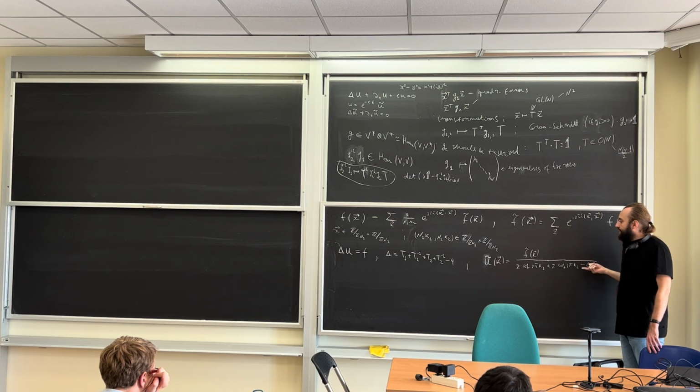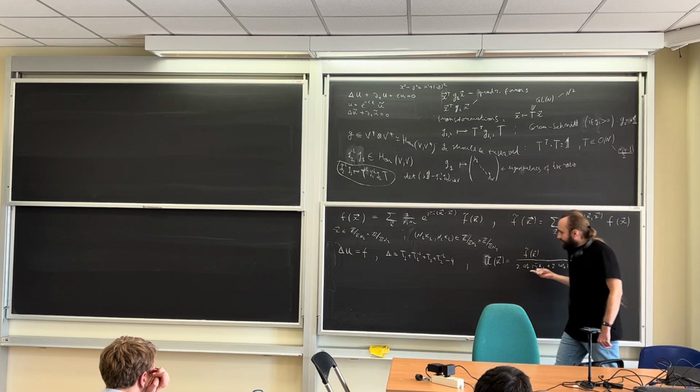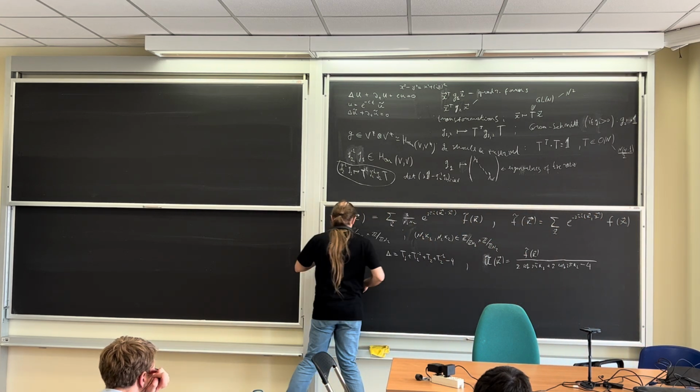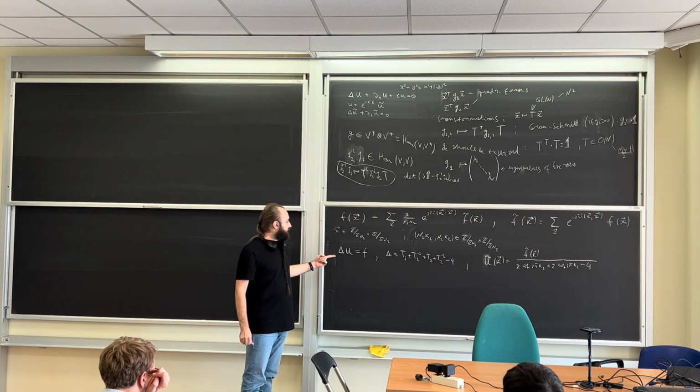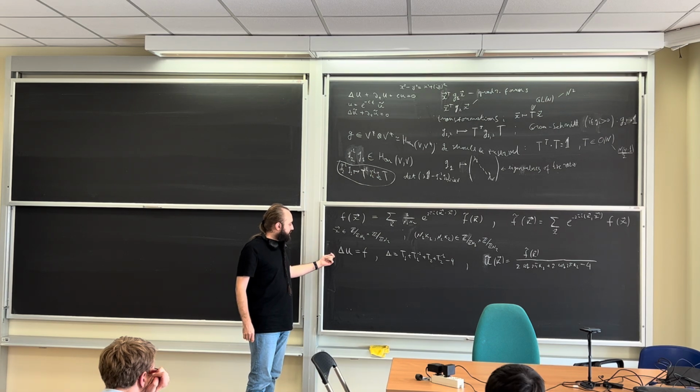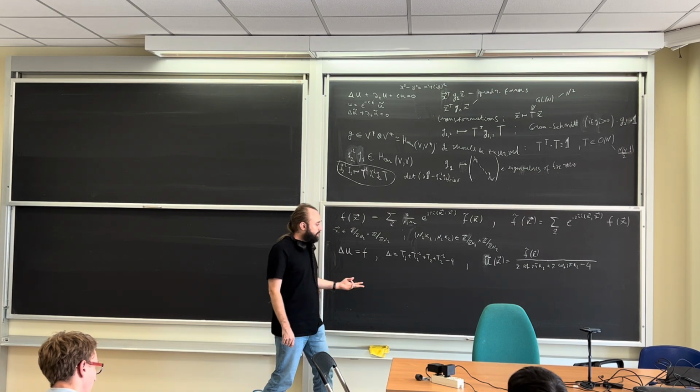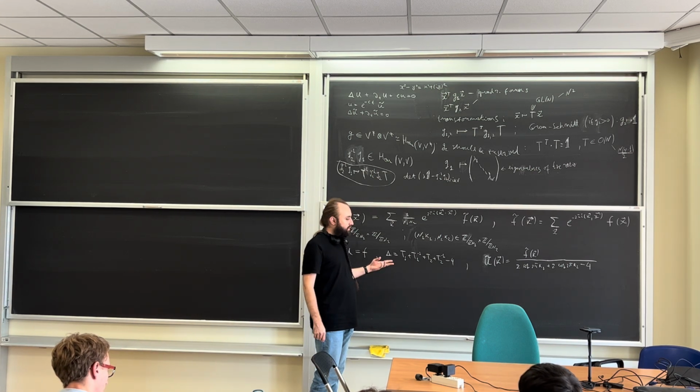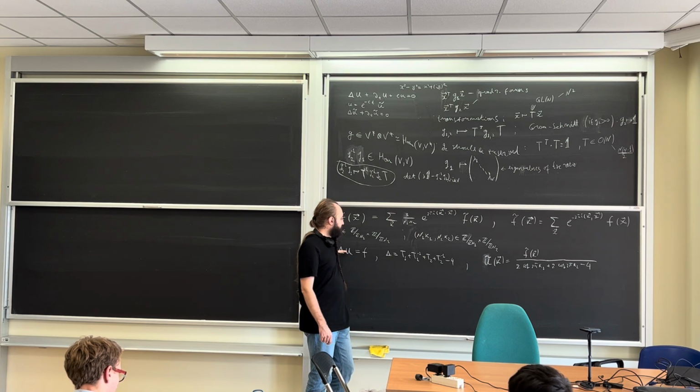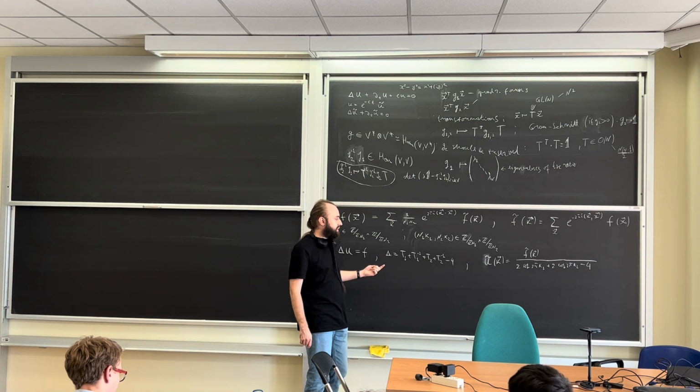So we had two ideas concerning the solution of this equation. One idea was to perform the Fourier transform in order to make this operator diagonal and then solve this equation.